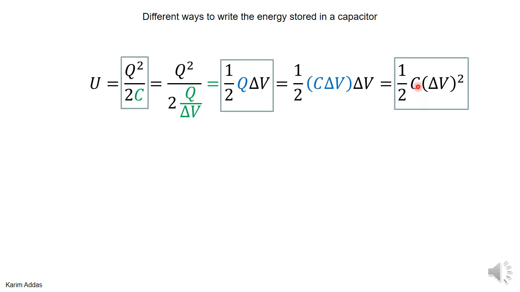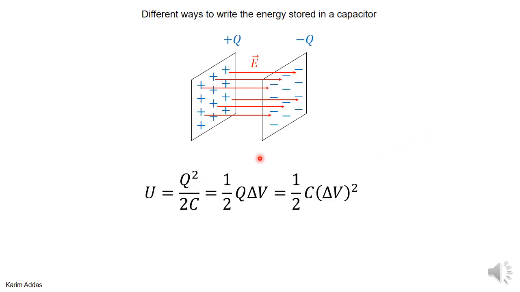We can write the energy stored in the capacitor as 1/2 C delta V squared. To summarize, these are three different forms for the total energy stored in a capacitor. Whichever one you use depends on what is given in the particular problem.